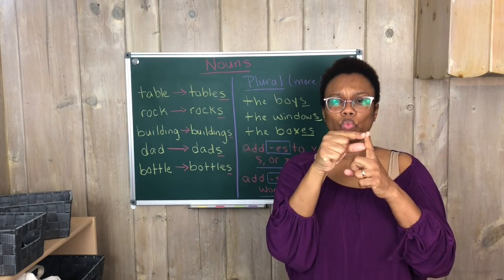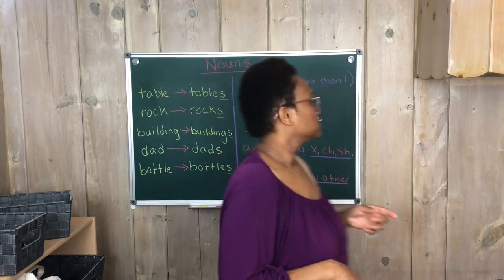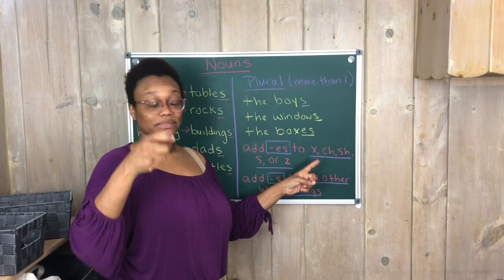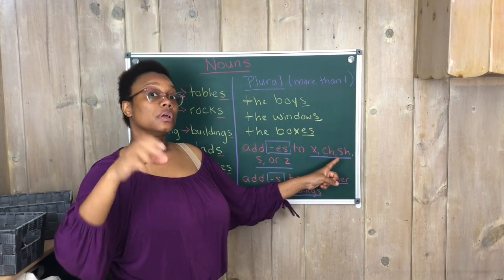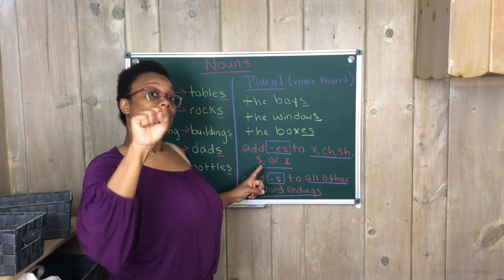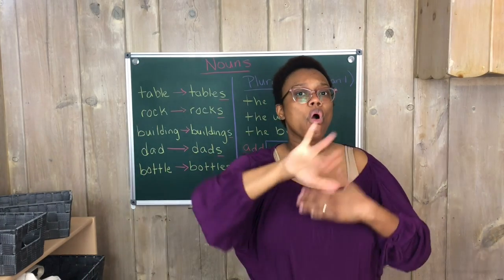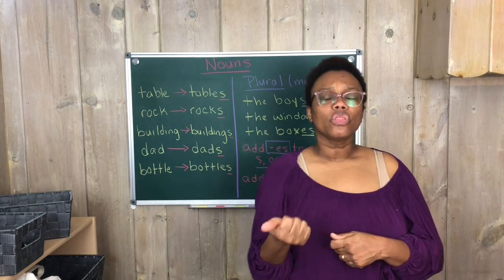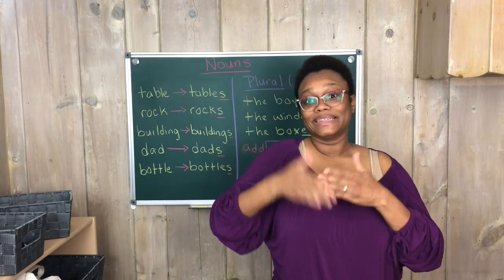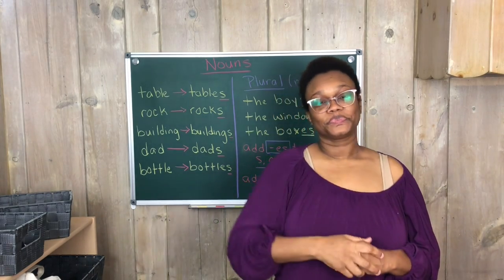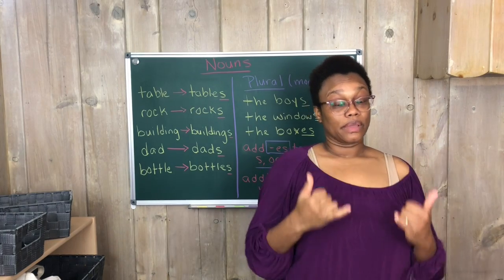Now, we add an ES when a word ends in an X, CH, SH, S, or Z. All other words, you add an S to the end.